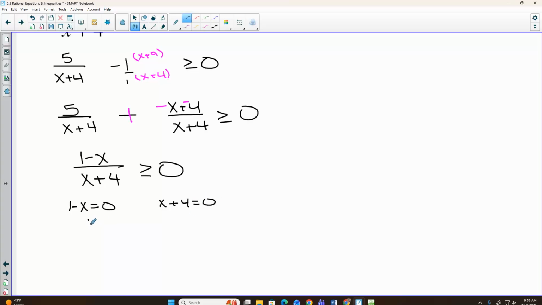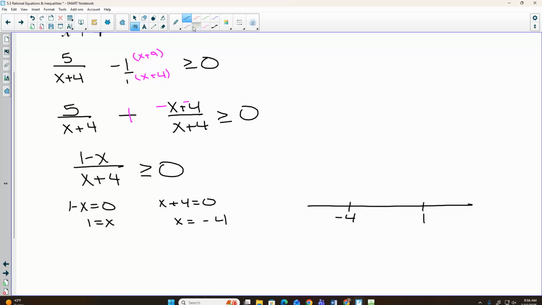So here I get 1 equals x, here I get x equals negative 4. So those are the points on my sign line. Those are the places where it might switch between positive and negative.